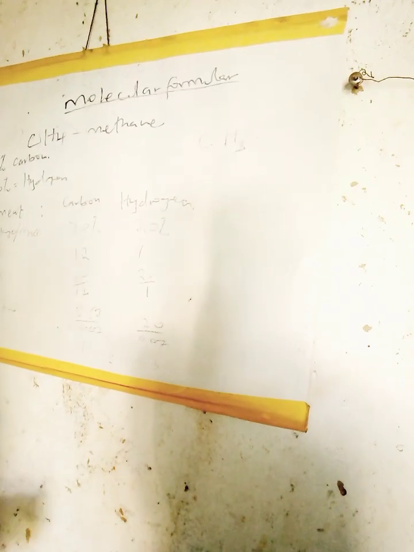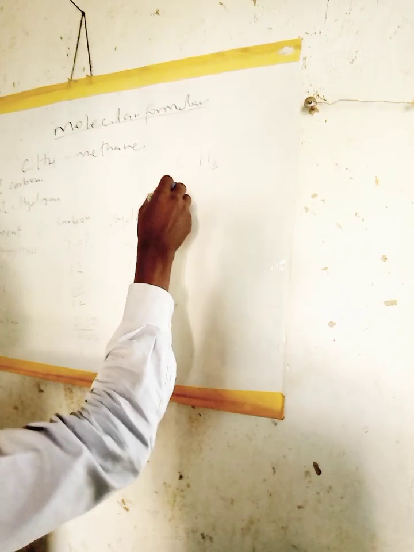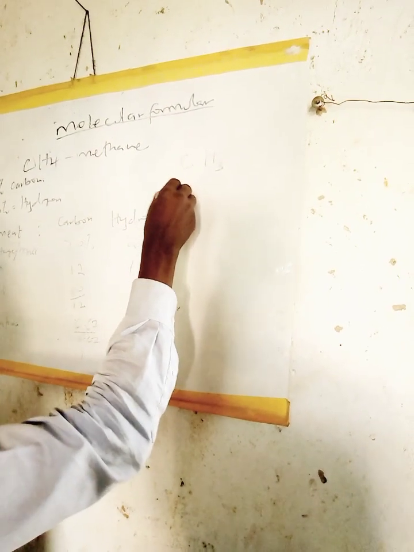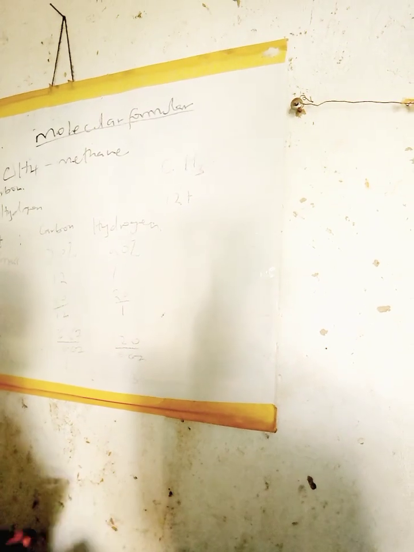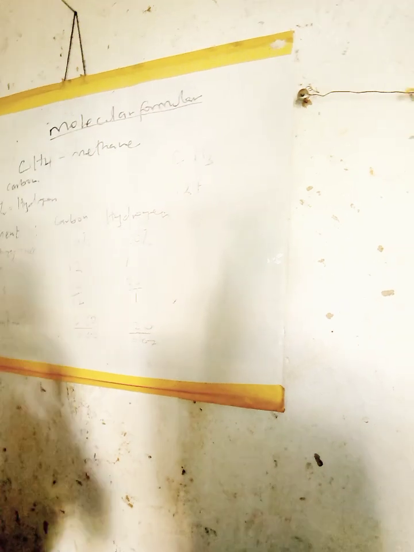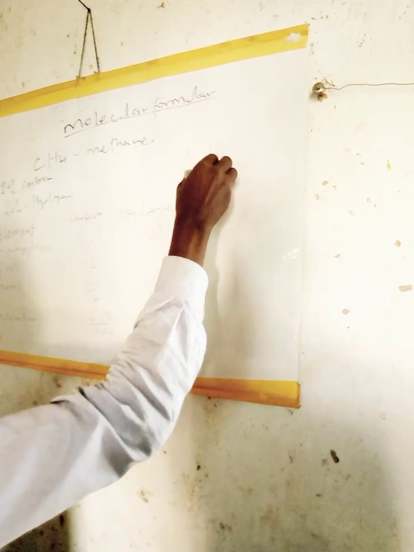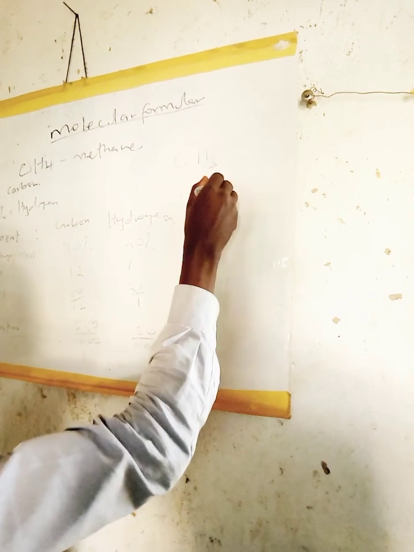Now, when you want to calculate the molecular formula of that molecule, the relative molecular mass of carbon is 12. Then you find the summation of the individual relative atomic masses. Hydrogen is 1, but here you see 3 atoms, so it is 1 times 3, which is 3.